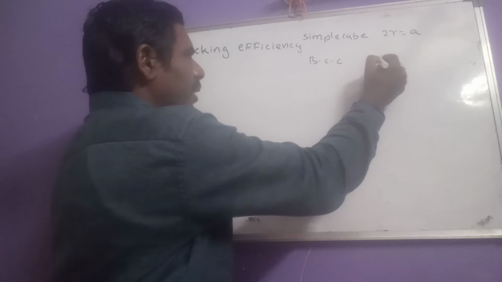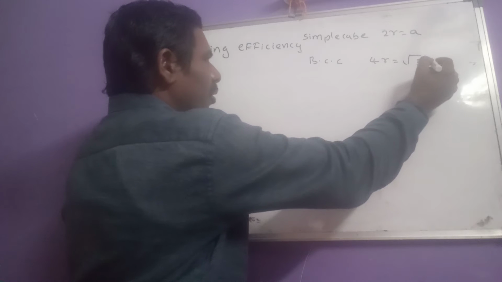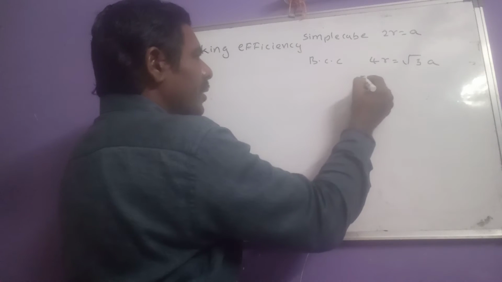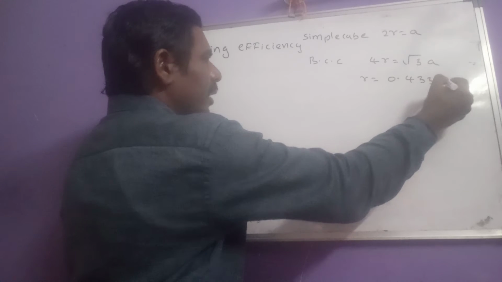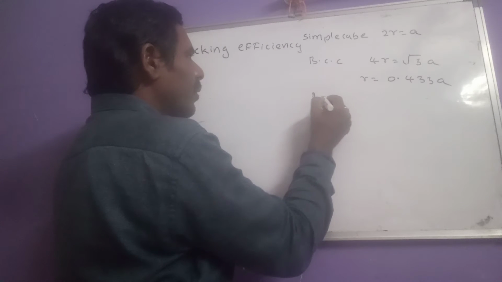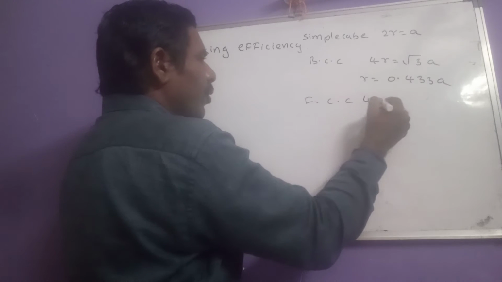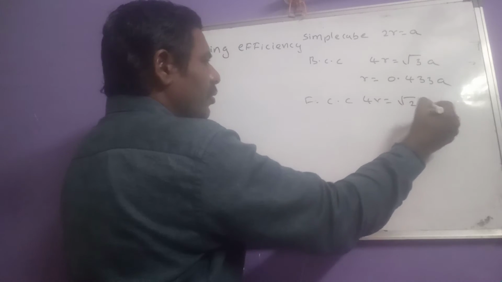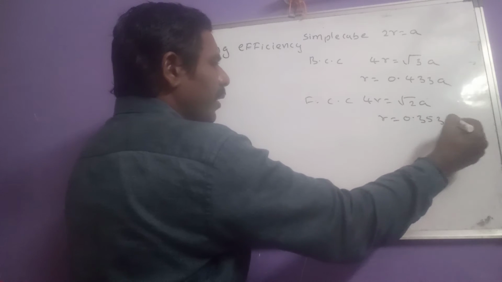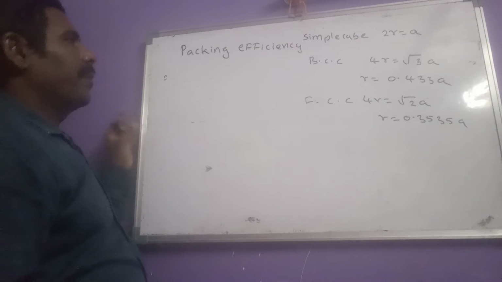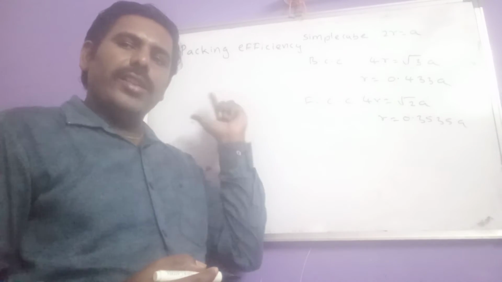In case of body centered cubic, 4r equals root 3 a, or simply r equals 0.433a. And in case of face centered cubic, same 4r, but here that equals root 2 a, r equals 0.3535a.